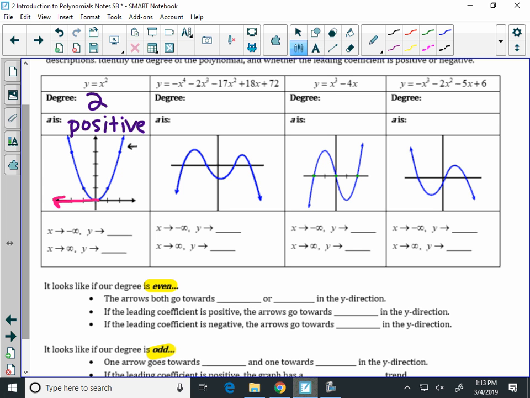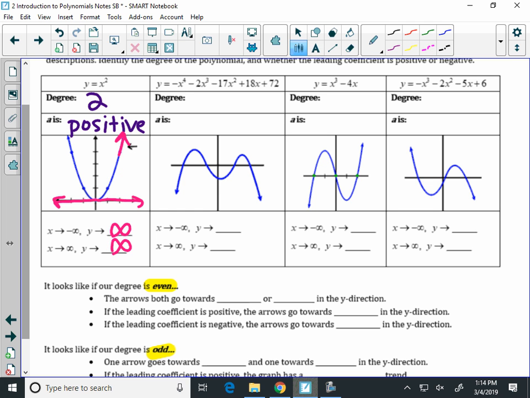Up towards infinity. So as x goes to the left to negative infinity, the y is going up to infinity. Okay, so then as x goes to positive infinity, or the right, my arrow is going up to infinity. That's how you write end behavior formally.